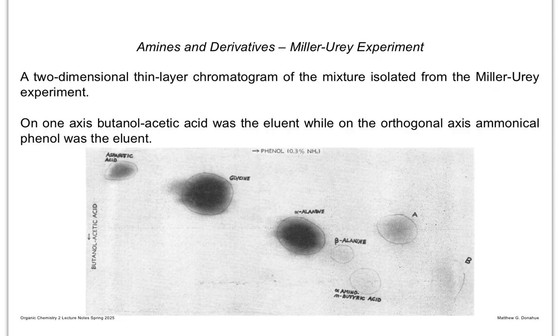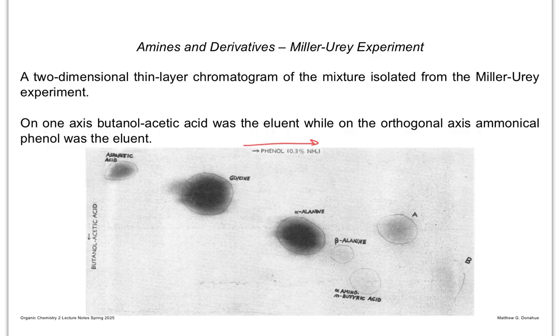And so taking an aliquot out of that and then running TLC, so you all have done that. What was found, and so let me explain this TLC because it's maybe a little bit different than what you're used to. So in this direction, the eluent was phenol with ammonia. So that's the solvent that elutes the plate.